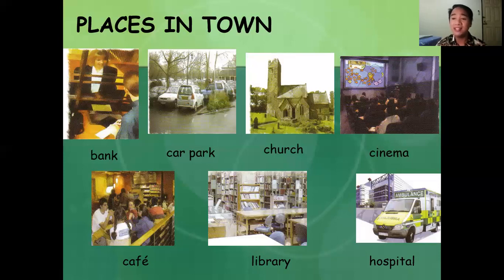Okay, so these are the common places that you can find in the town. Again, we have the bank, car park, church, cinema, cafe, library, hospital. Okay, next, let's proceed.